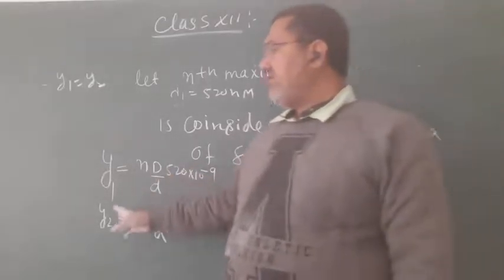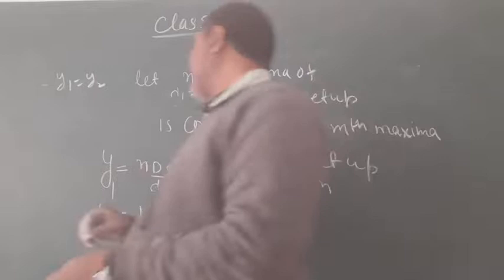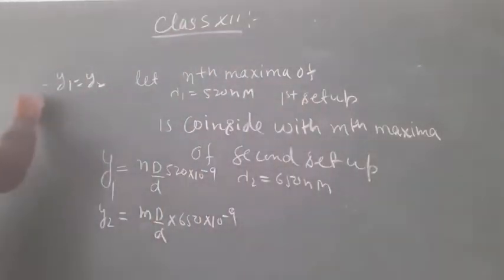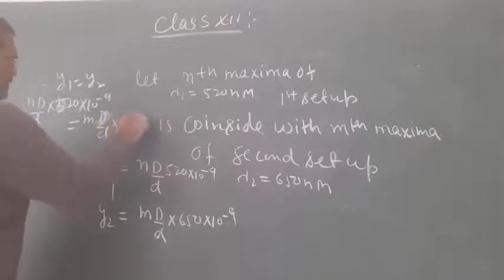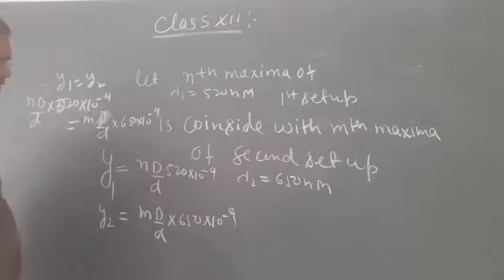So you can write nDλ by d, that is 520 into 10 to the power minus 9, equals mD by d into 650 into 10 to the power minus 9.